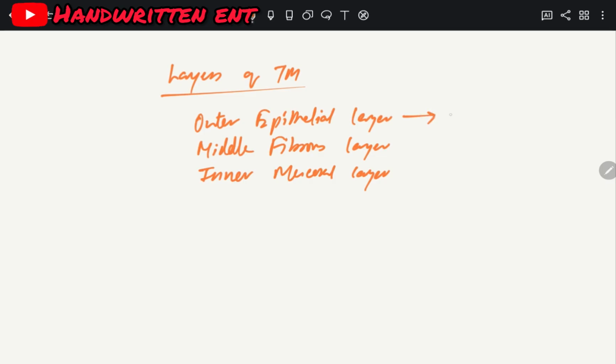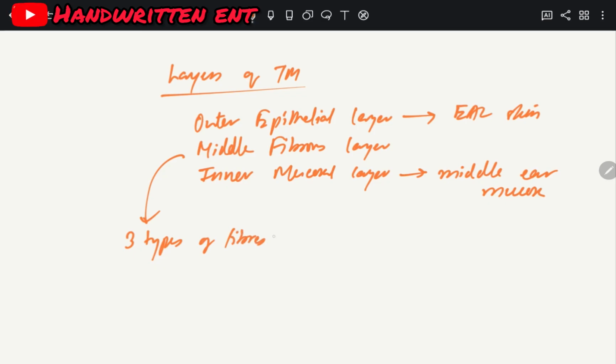So the outer epithelial layer, it is continuous with the ear canal skin. The inner mucosal layer, it is continuous with the middle ear mucosa, while the middle fibrous layer, it consists of three types of fibers, that is radial fibers, circular fibers, and parabolic fibers.